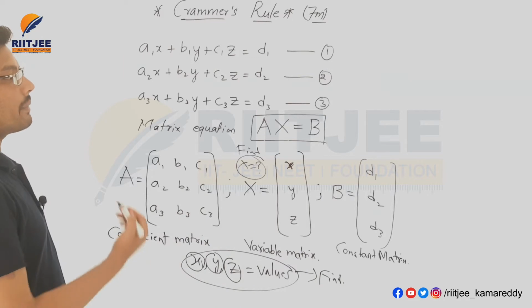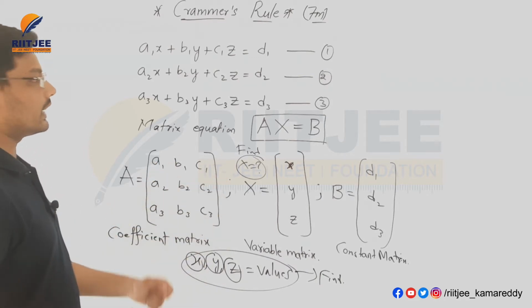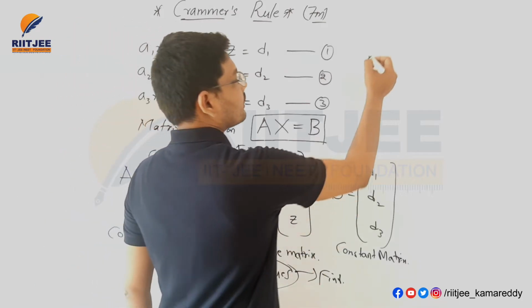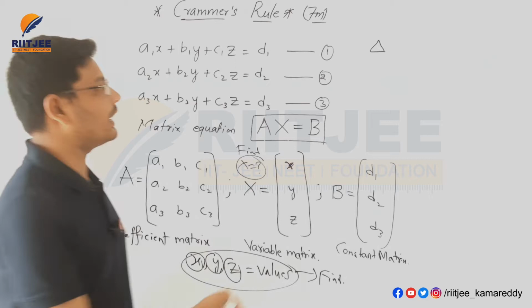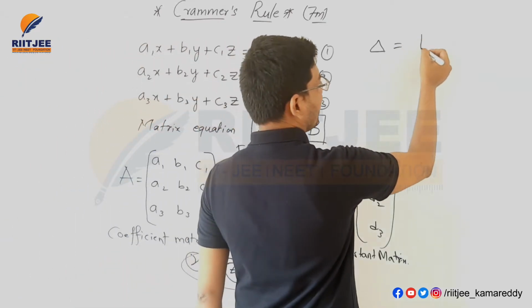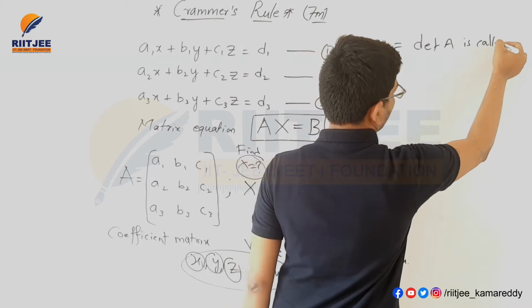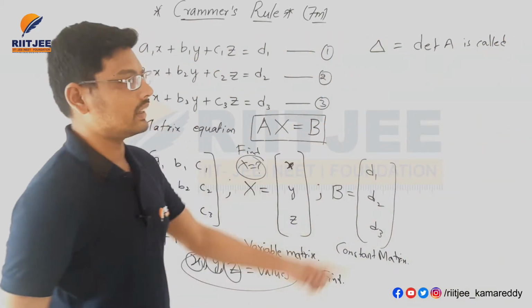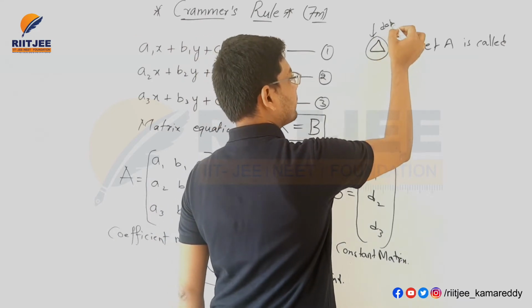The Cramer's rule helps to find the values of x, y, z here. So first, we need to find delta. What is delta here? The determinant of A is called delta.